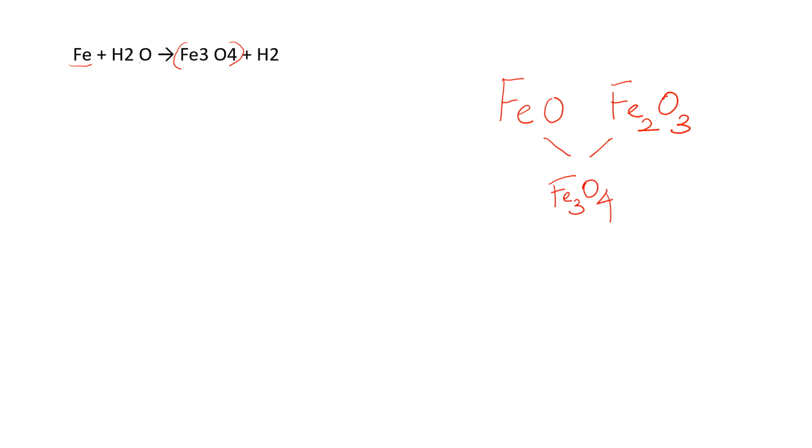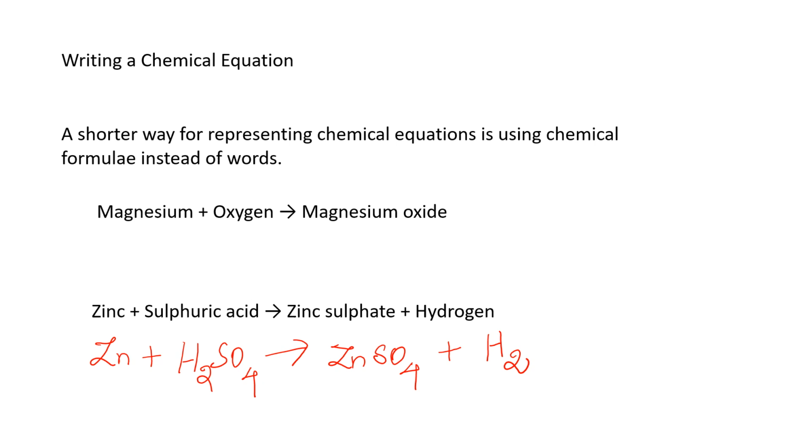Now we have written the chemical formula for 3 equations. Now we are going to learn how to balance the chemical equation. Whenever you are writing a chemical equation, you have to give the balanced equation. So we'll move on to the first equation: magnesium plus oxygen gives magnesium oxide.